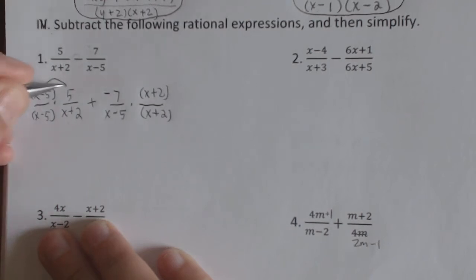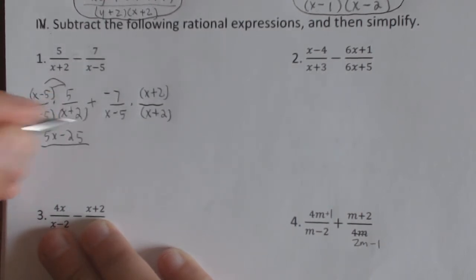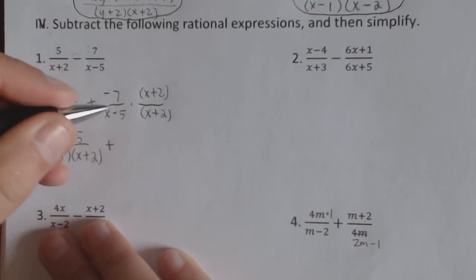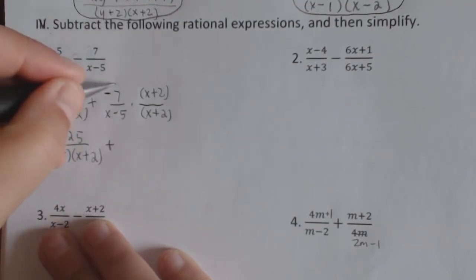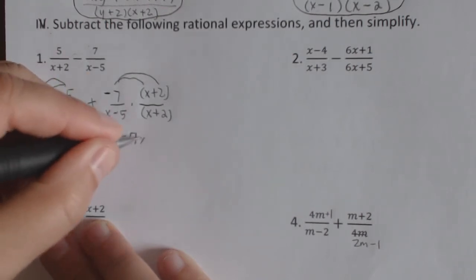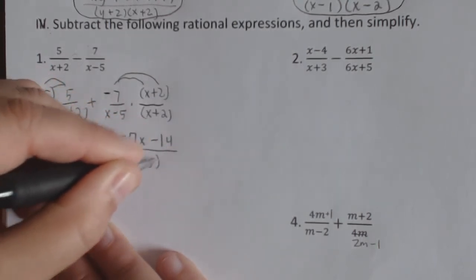So if I distribute, I'm going to get 5x minus 25 over x minus 5 times x plus 2 plus, now we have to be careful, a negative 7 being distributed to both of those would be a negative 7x minus 14 over x minus 5, x plus 2.